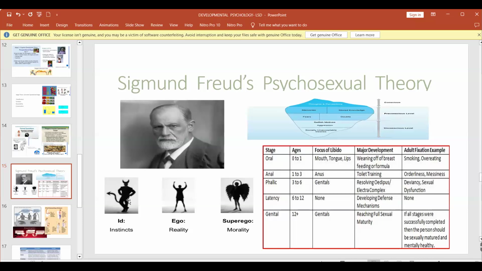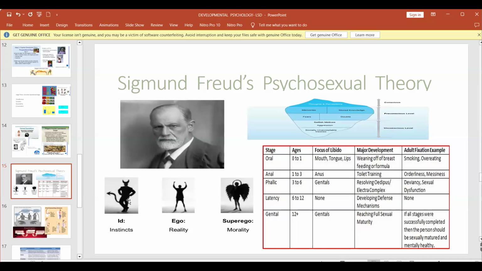So from birth up to 1 year, the child has only the id component of personality. The id is driven by the pleasure-seeking principle. That means the child wants pleasure. The child can't wait.